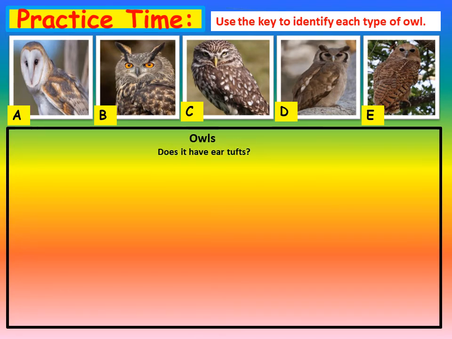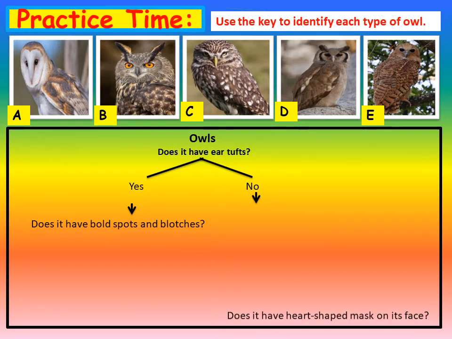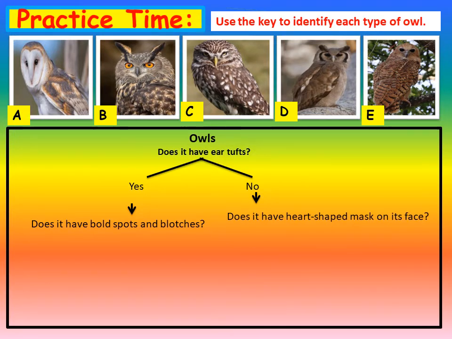So which among these owls have ear tufts? Second, does it have bald spots and blotches? So which among these owls have bald spots and blotches? Third, does it have a heart-shaped mask on its face? So which among these owls have a heart-shaped mask on their face?